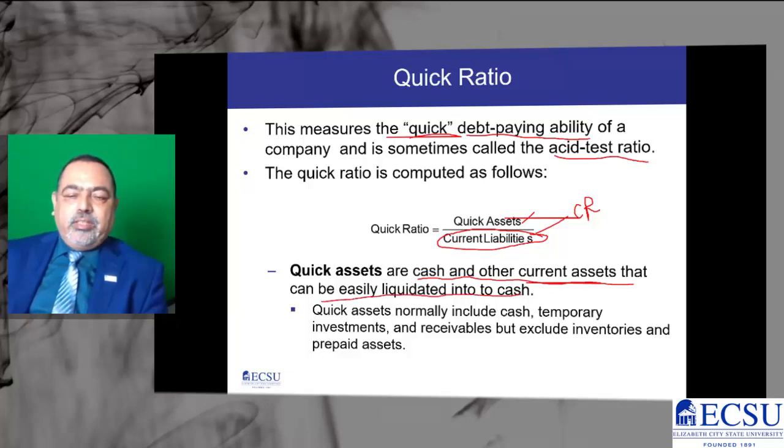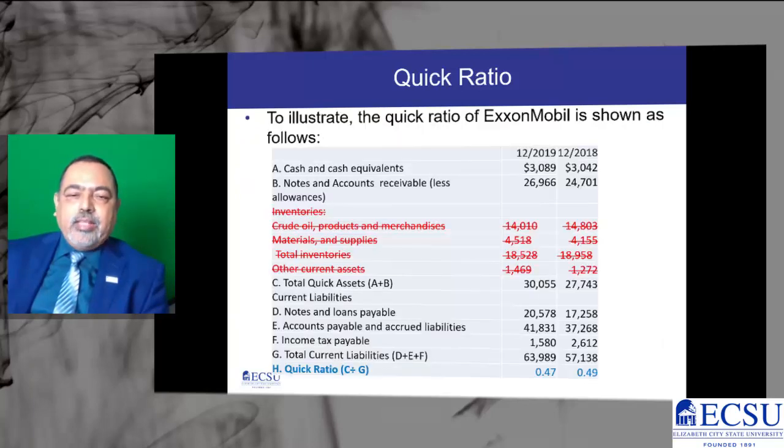They can be liquidated in a short period of time. Examples would be cash, temporary investments, and receivables, but we will exclude the inventory and prepaid assets. Inventory is excluded because we couldn't sell it off, so we couldn't consider that as liquid. And prepaid assets are expenses that you have paid in advance and it is not possible to get back in a short period of time. That is why we exclude those two from the quick assets.